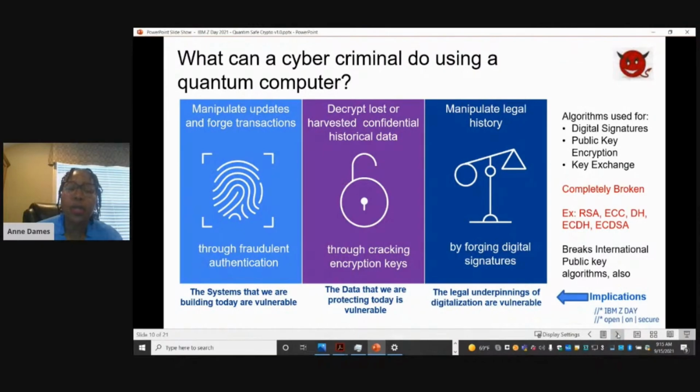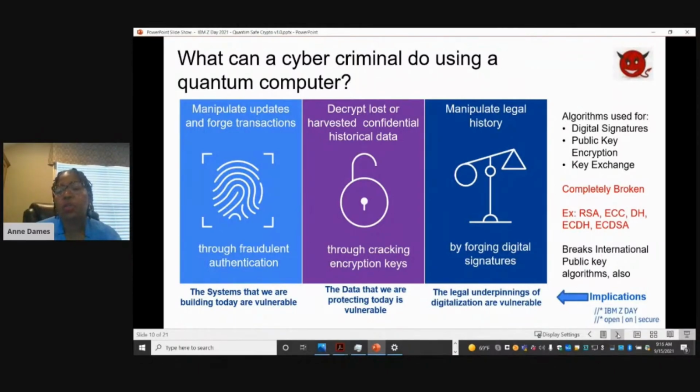And so, with a quantum computer attack, a bad guy might be able to do things that are very, very destructive and that are going to have a negative impact on a lot of the digital assets that we have. The algorithms that are used for digital signatures, for public key encryption, for key exchange, those will all be completely broken when we have a sufficiently strong quantum computer. This affects algorithms like RSA, ECC, Diffie-Hellman, ECDH, ECDSA.